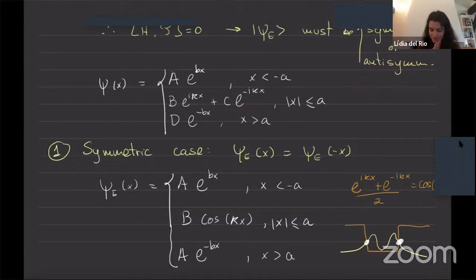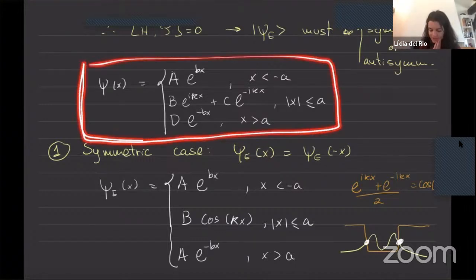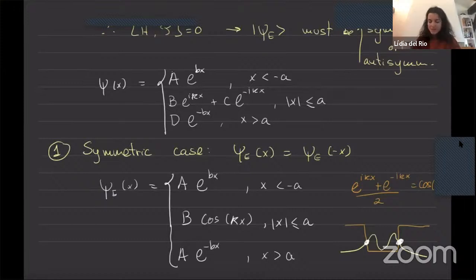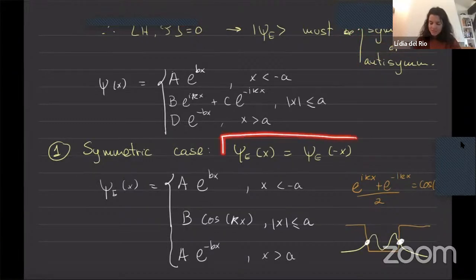So let's go back to the general solution that we had before. This means that we can simplify all these coefficients a lot, and that's why we did all this. Let's look first at the symmetric case, then the antisymmetric case. In the symmetric case, we know that psi of x for stationary states must be psi of minus x, which means, first of all, that this coefficient must be the same as that, so that outside the box it's symmetric.